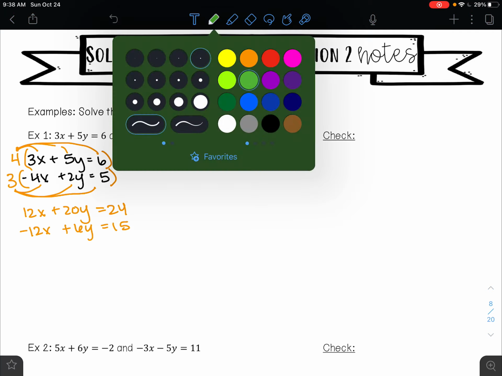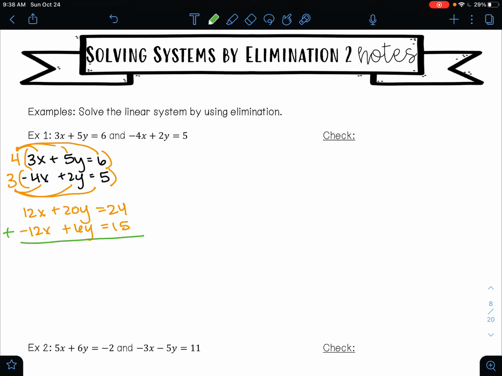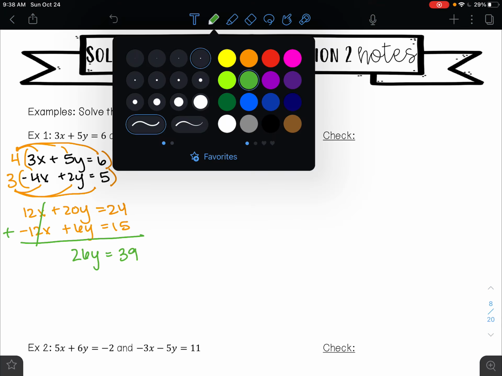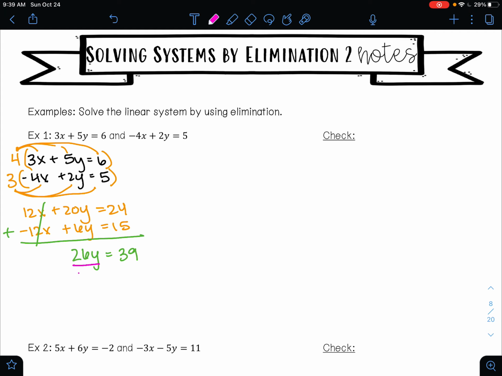Now I can add these together because a variable is going to eliminate. 12x minus 12x is 0. 20y plus 6y is 26y. And 24 plus 15 is 39. To undo multiplication, I'll do division.